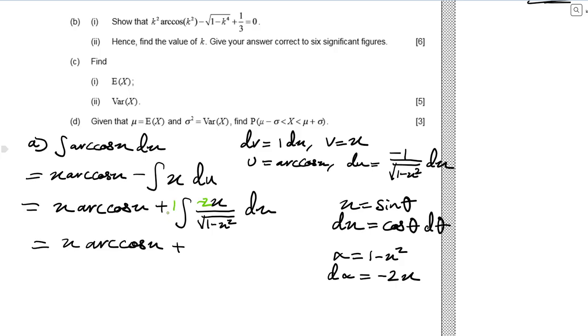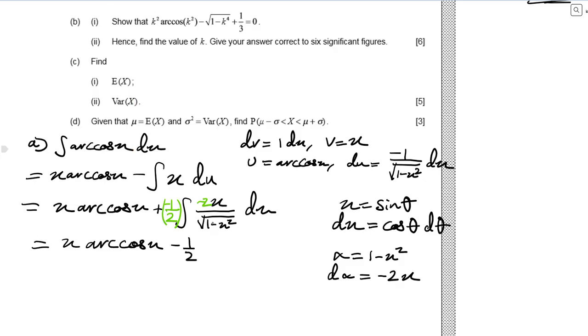And so then we divide by -2, so we turn this plus into a negative half.